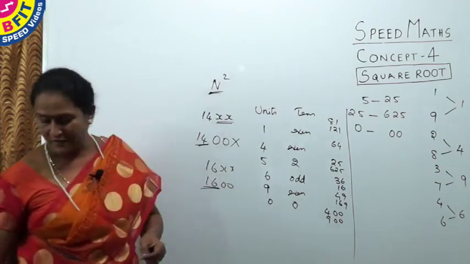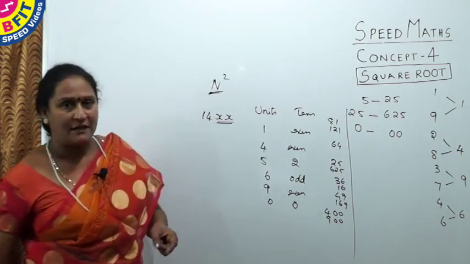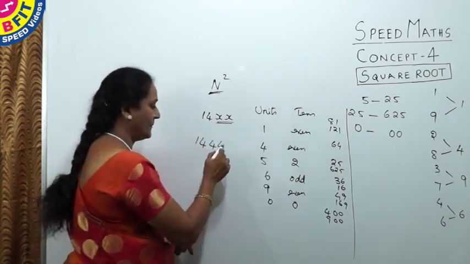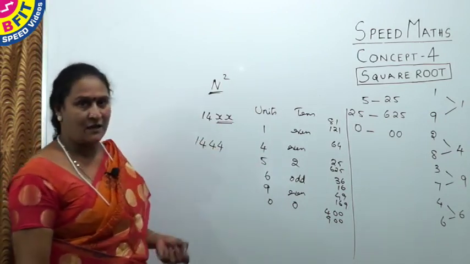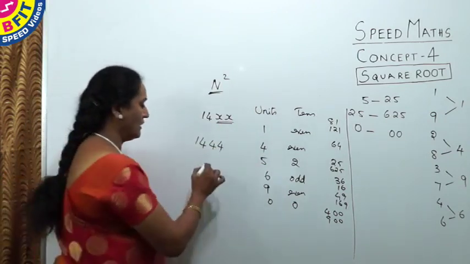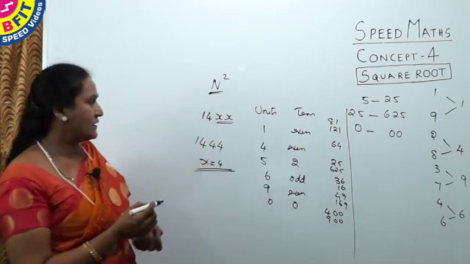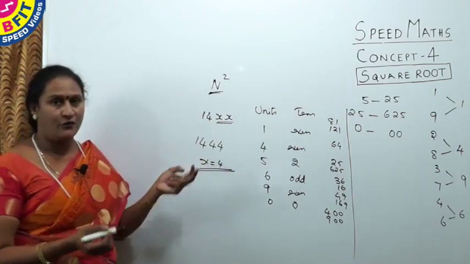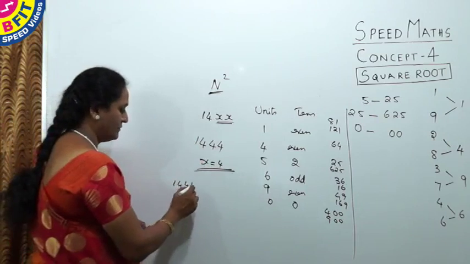So for this question, the only possible value which x can take is 4. So 1444 is a square number and x can take the value 4. So the answer is 4. And we saw what the square root of 1444 is also earlier. It was 38.